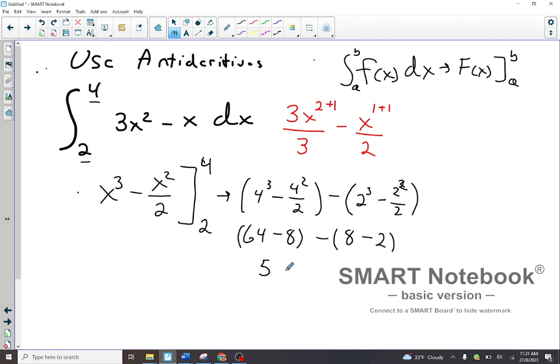So 56 minus 6, 50 would be my answer here. So you want to use antiderivatives to figure it out, and that's how you do it.